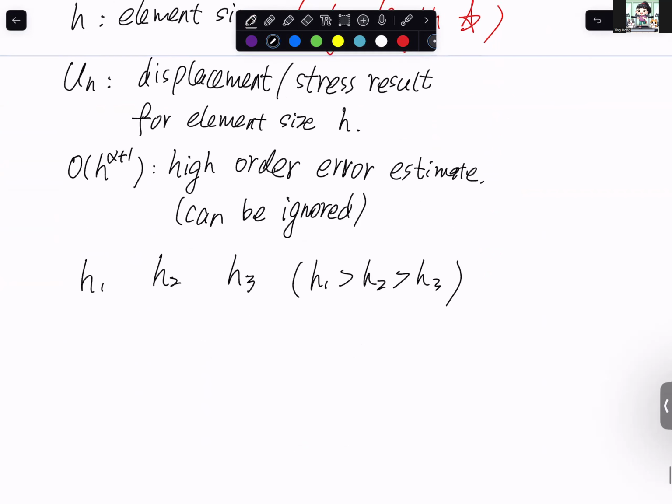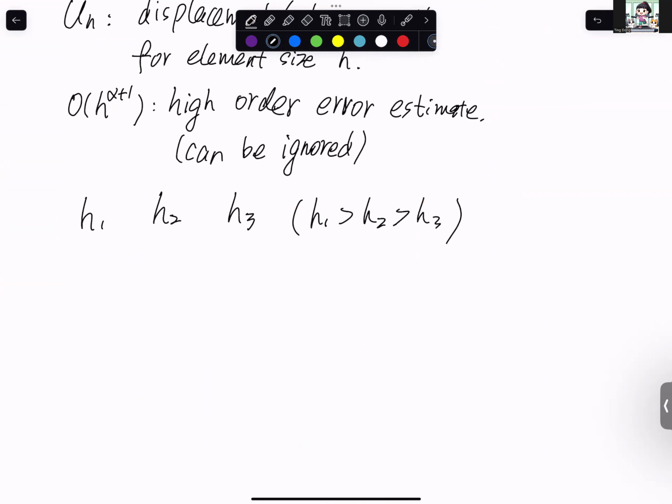So normally when we use only 3 sets of data, to simplify the calculation, we use the same ratio. H3 equal to P squared H1, H2 equal to P H1. So the ratio between them is P, and this ratio is normally smaller than 1, of course.